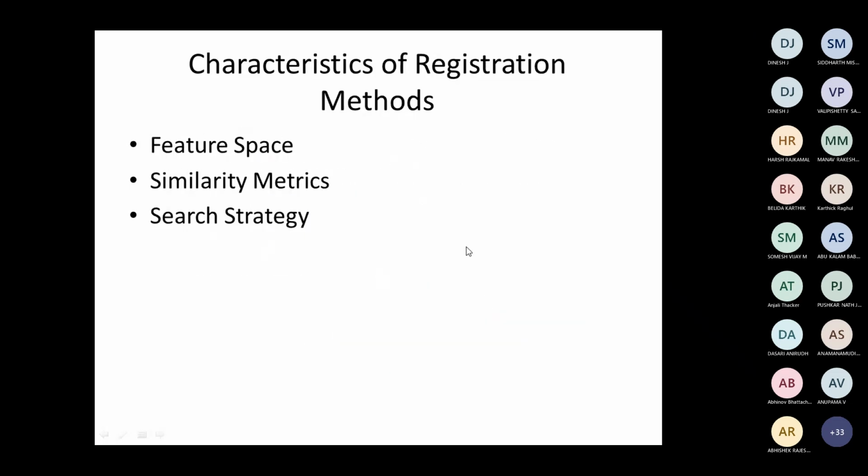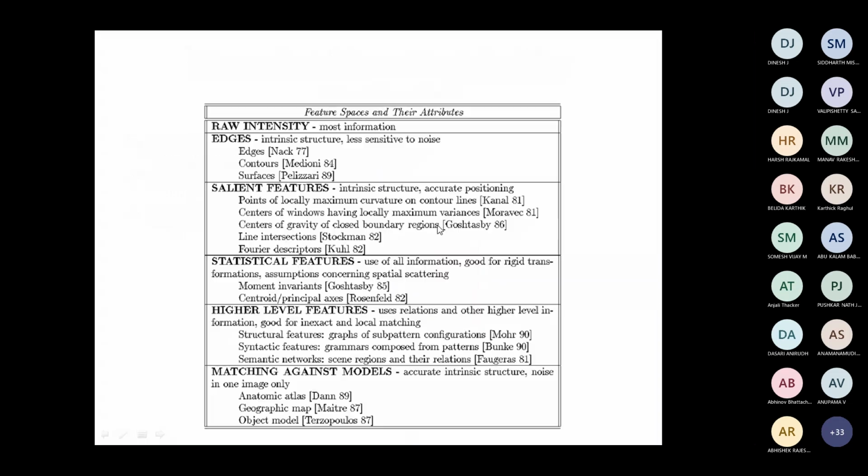If you see the characteristics of registration methods, we have to consider the feature space, similarity metric, and search strategy. All these three are important. For feature spaces, we can either take raw intensity as a feature, or take edges, which are intrinsic structure and less sensitive to noise.